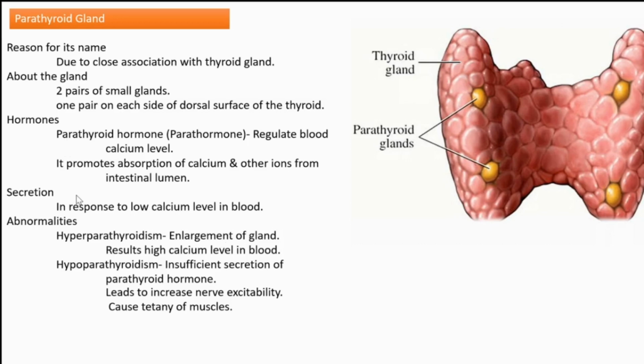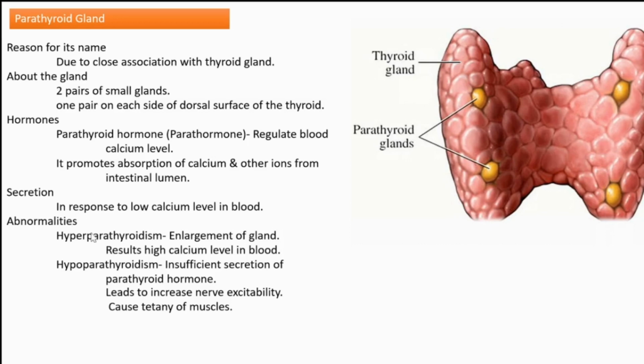The secretion is in response to low calcium level in blood. Whenever the calcium level in the blood is low, it stimulates the parathyroid gland to secrete parathormone, and the parathormone increases the calcium level in blood.